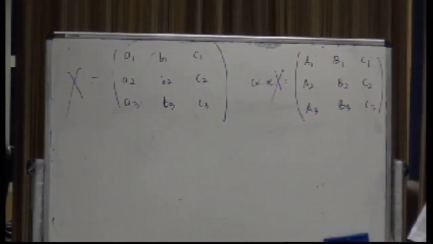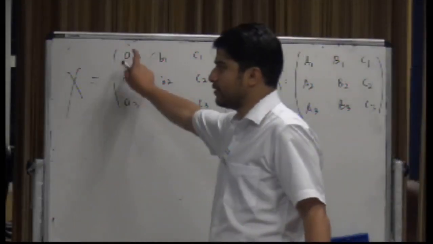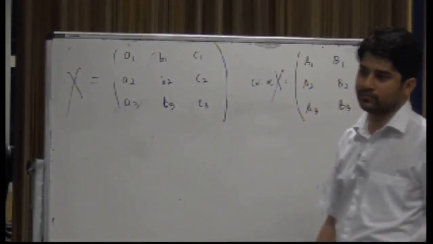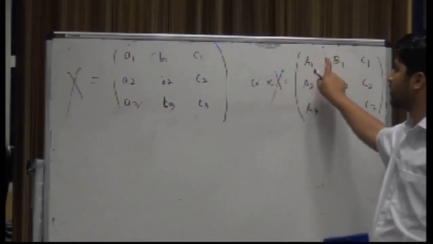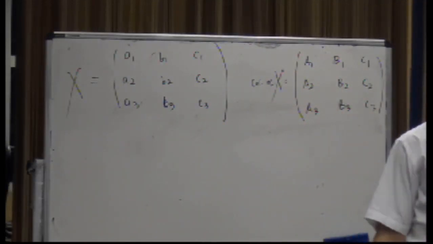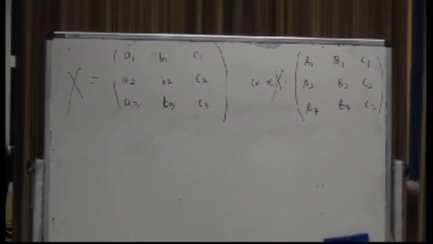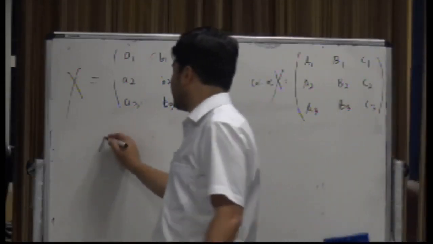Now you must understand, if you take this row and you multiply with this row, what will you get? Determinant.